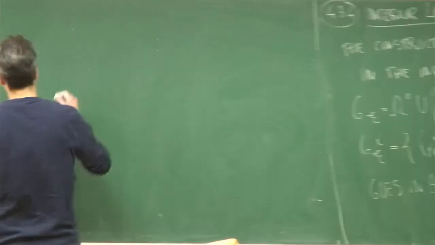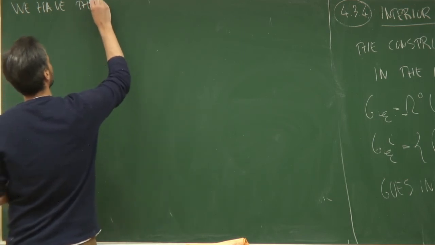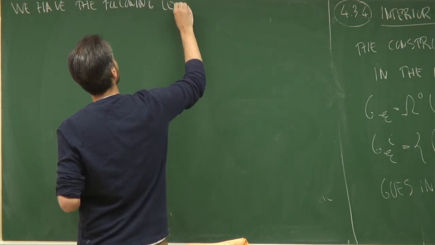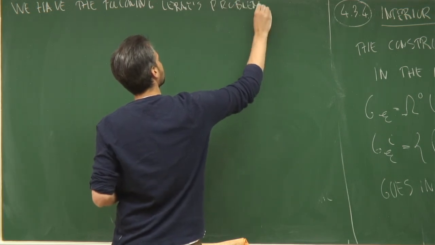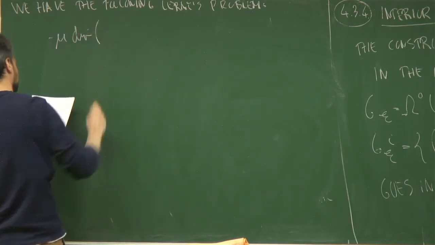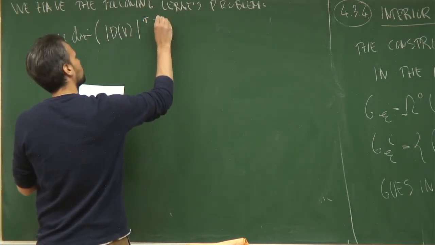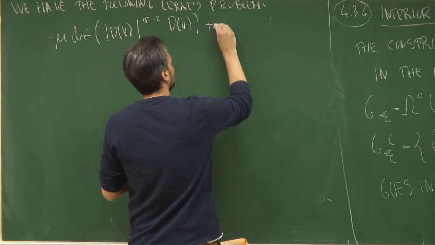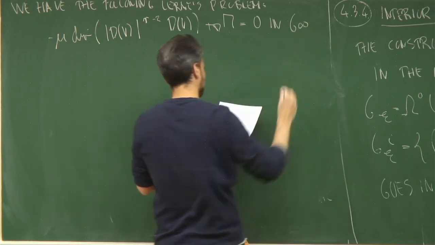So we have the following Leray's problem. Minus the divergence of 2 dv plus gradient pi is 0 in G infinity.